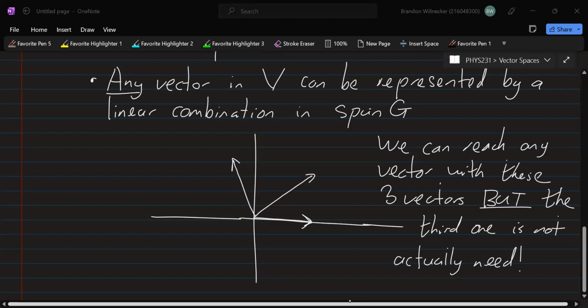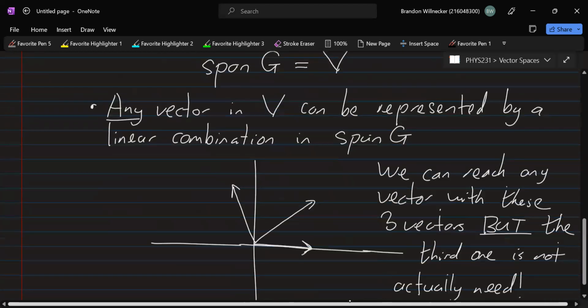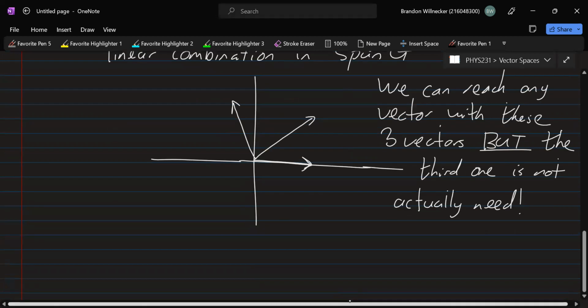It doesn't hurt to have the third one. You can still reach all of the vectors, which means it is a generating set, since we can reach all the vectors in V. However, it's more than we actually need. To remove those unwanted vectors, we use the last definition that we'll be going through, and that's the idea of linear independence.